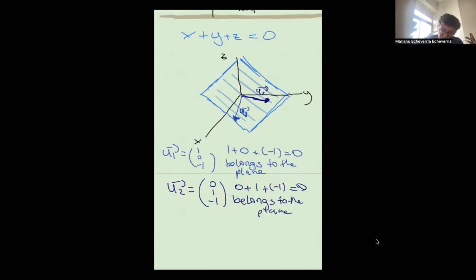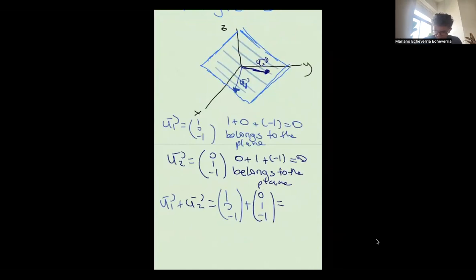And then if you take their sum, u1 plus u2, which is 1, 0, negative 1 plus 0, 1, negative 1, what does that give you?